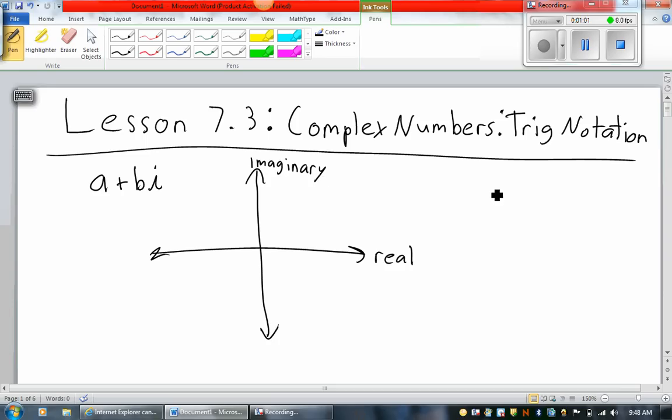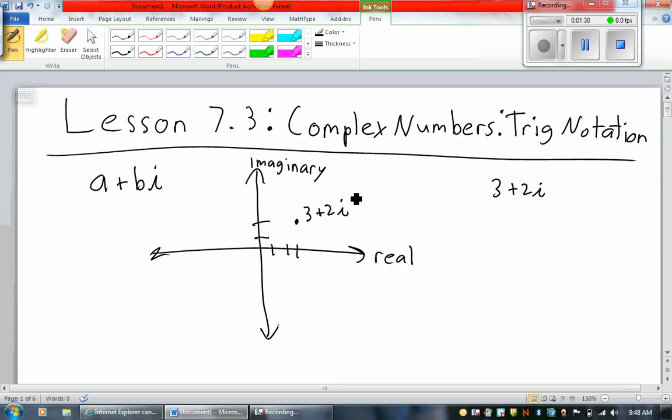So to graph, for instance, let's say 3 plus 2i, we would go over 3 units on the real axis and then up 2 units on the imaginary axis, and that's 3 plus 2i.